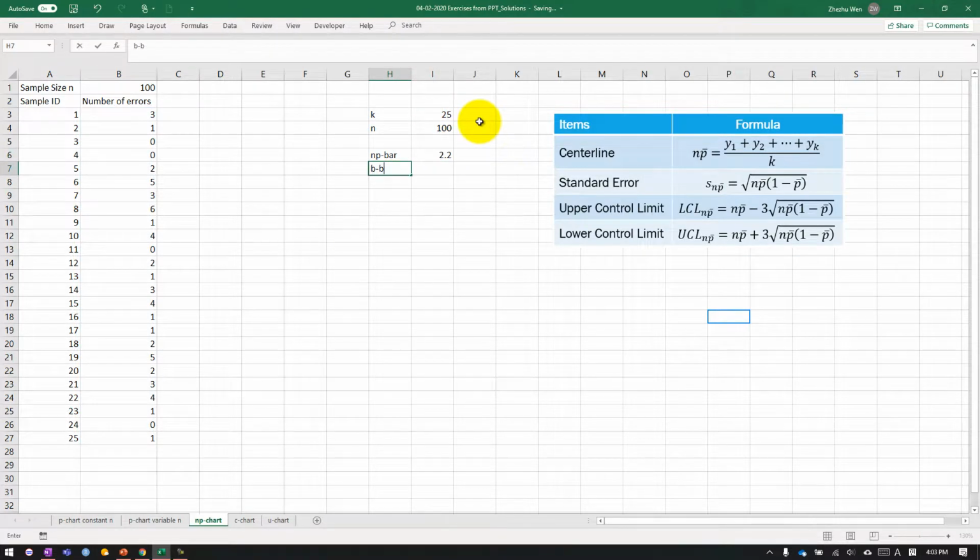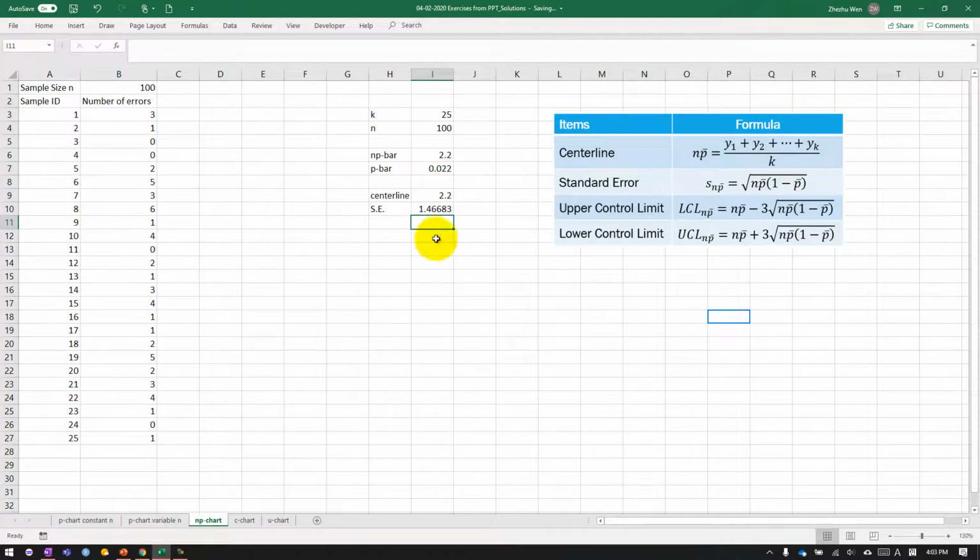You also need to know the P bar. So P bar is nothing but MP bar divided by N. So our center line is MP bar, and our standard error is going to be the square root of MP bar multiplied by 1 minus P bar.